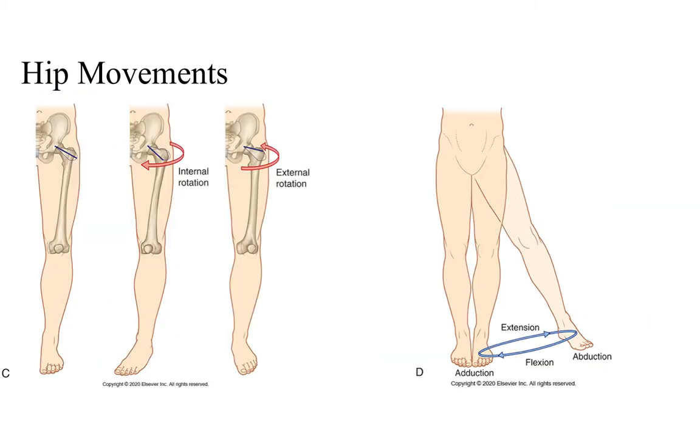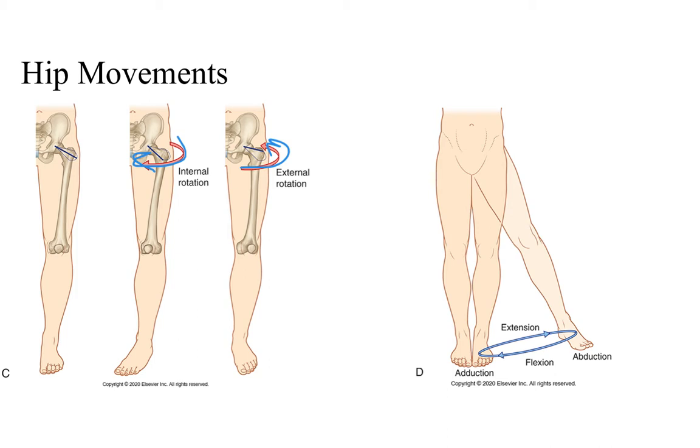So we mentioned this with some of our muscles that are within the pelvic region. We have internal rotation, which is rotating toward the midline of the body anteriorly, or rotating our hips toward the groin. And external rotation would be rotating away from the midline, or rotating towards the dorsal side of our body.